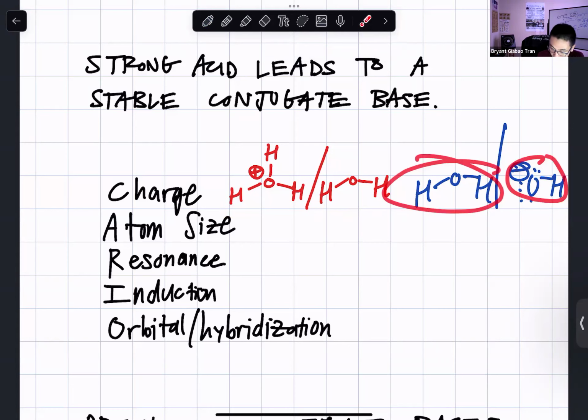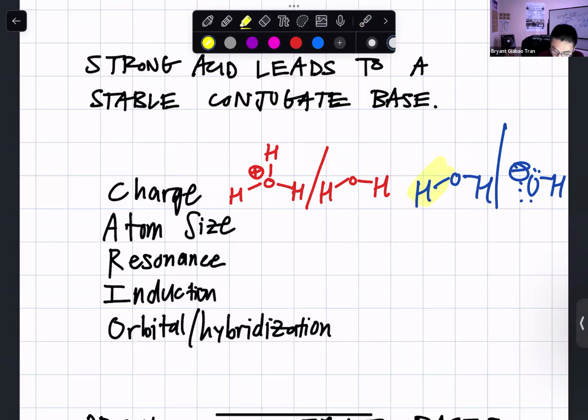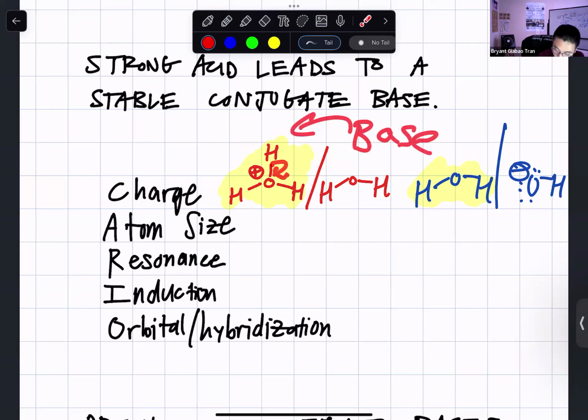From the conjugate bases right here, we determine which one is more stable. Neutral molecules tend to be more stable than charged molecules. So this is the more stable conjugate base, making this the stronger acid. When this acid gets deprotonated to this neutral molecule, it is stable, happy, and not reactive.